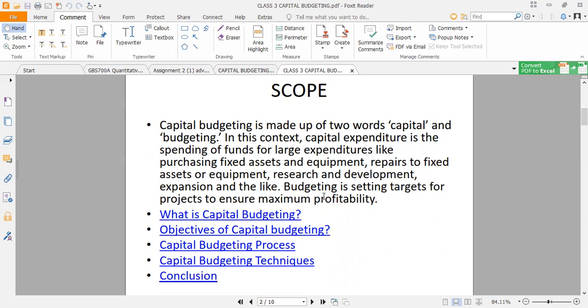It is also an evaluation of a project that you assess. Can you invest in transport business? Can you invest in real assets like a building? Would it be worthwhile? Are you going to have any returns as a result of making an investment in that asset?